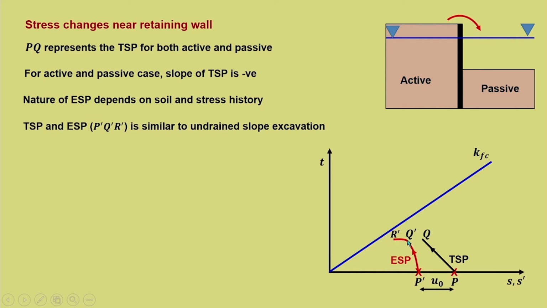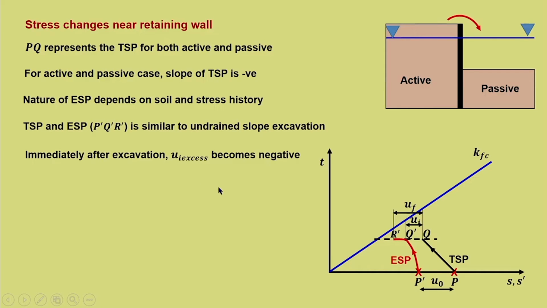Now, P dash to Q dash represents the construction stage, where Q dash is at the end of construction, where there will be an initial pore water pressure of Ui, and with time the excess part dissipates and then achieves a final equilibrium value. So, this is the point Q dash. So, this is the initial pore water pressure at the end of construction period, and this is the final pore water pressure. Now, what is happening here?